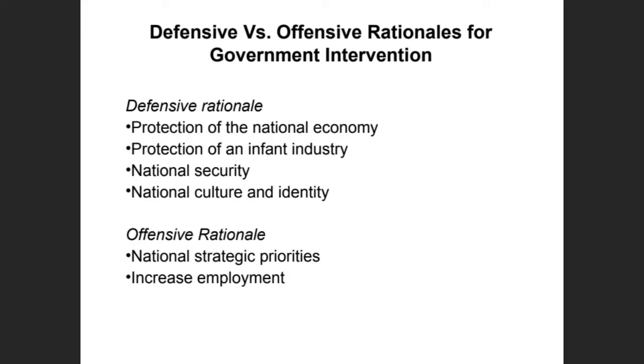National security, for example, the United States prohibits the export of plutonium and similar products to North Korea because they can be used to make nuclear weapons. National culture and identity, for example, both Canada and France restrict foreign investment in their TV and movie industry due to foreign influence on Canadian and French cultures.